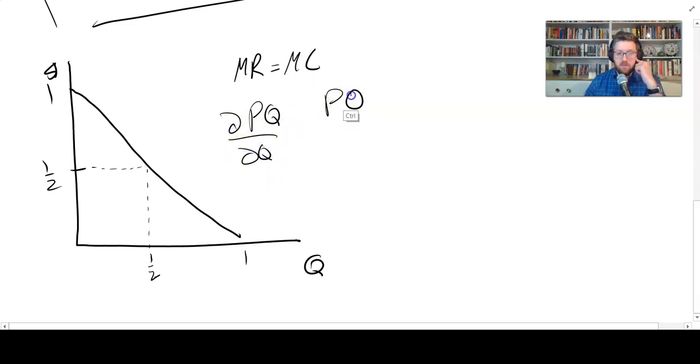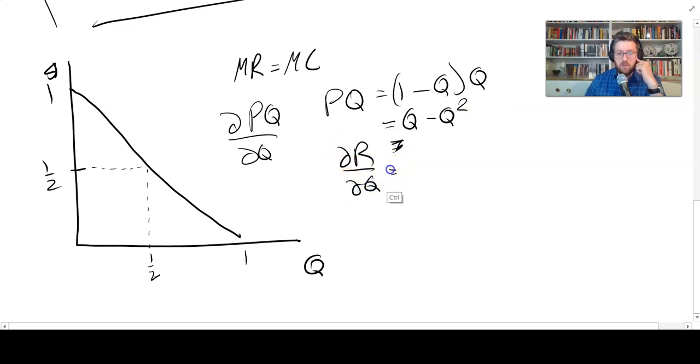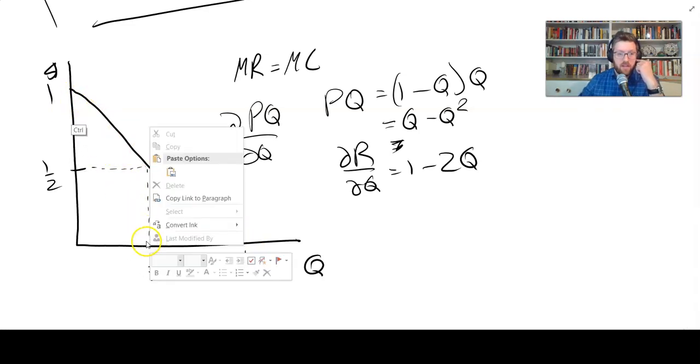So PQ is equal to 1 minus Q times Q, which is equal to Q minus Q squared. And if we take the derivative of revenue with respect to quantity, we get 1 minus 2Q. So the demand line has slope 1 minus Q, and 1 minus 2Q is going to intersect at the 1/2 point instead.